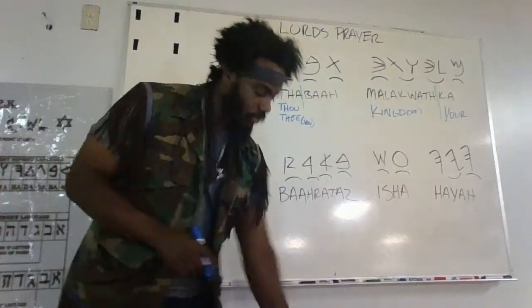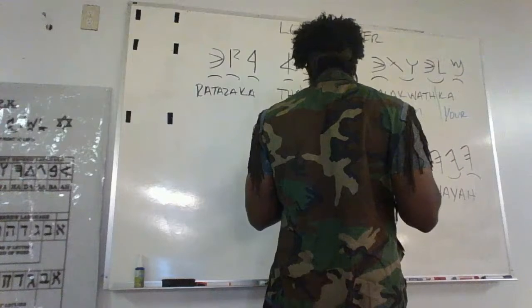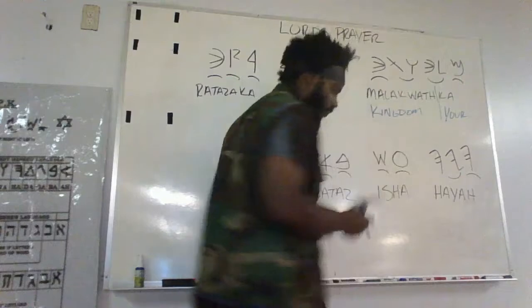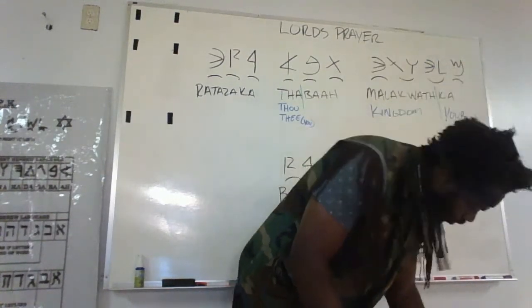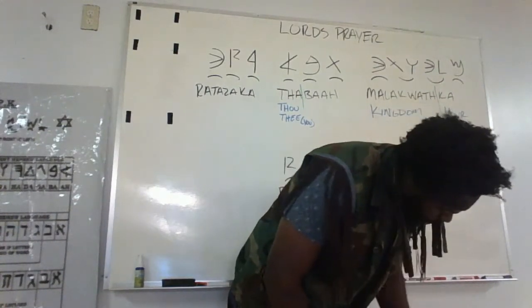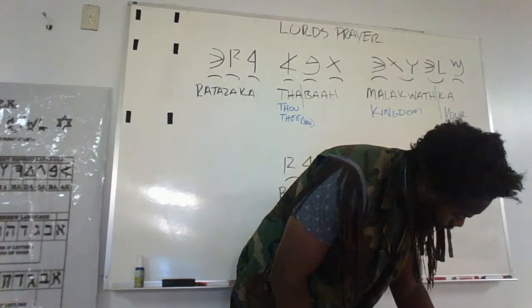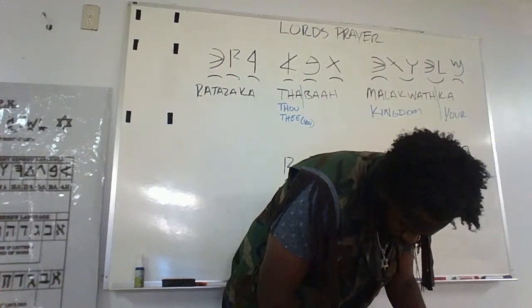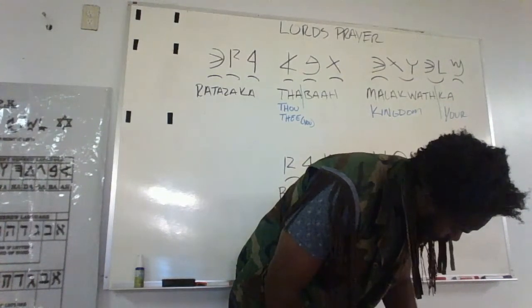So the root word is ba'a. Because of the prefix, let me give you the Strong's Concordance, which is H872.